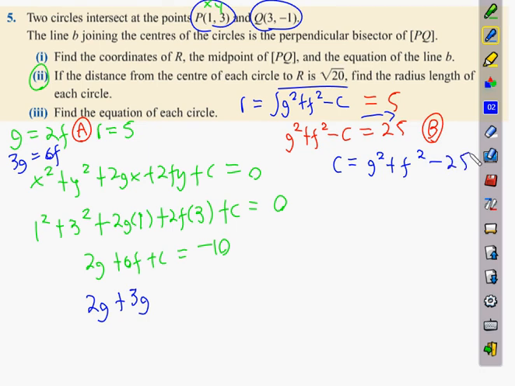And what can we say f squared is? g over 2 squared. F is g over 2, squared. So c equals g squared plus g over 2 squared minus 25. Put that in instead of c.